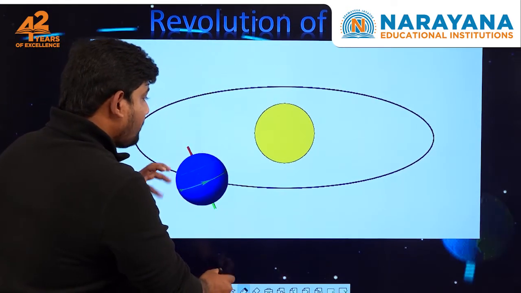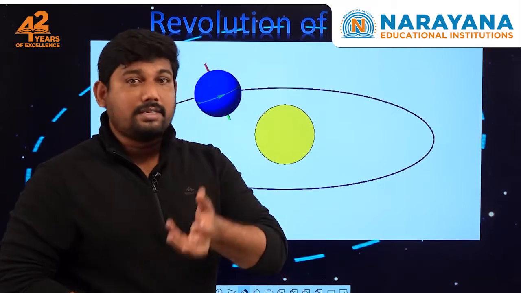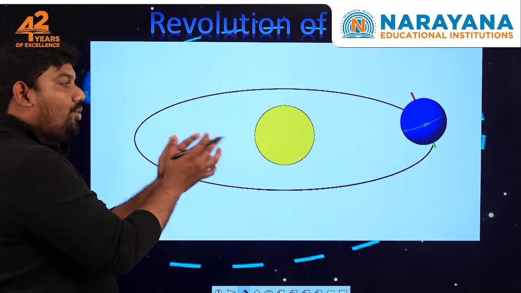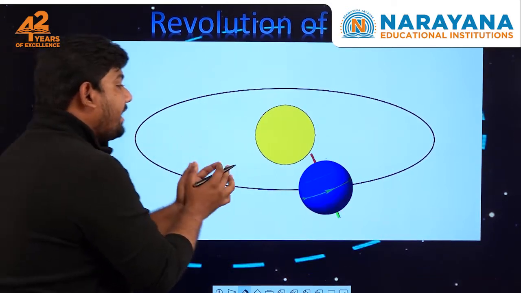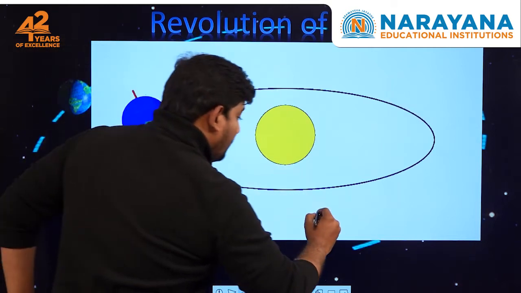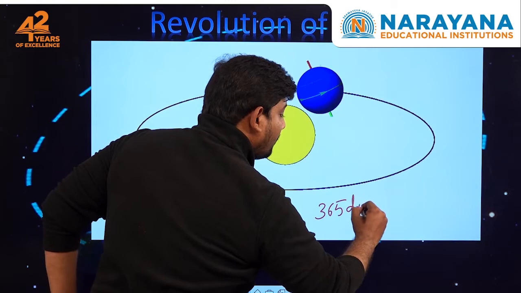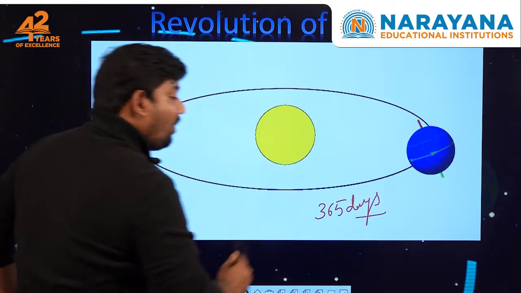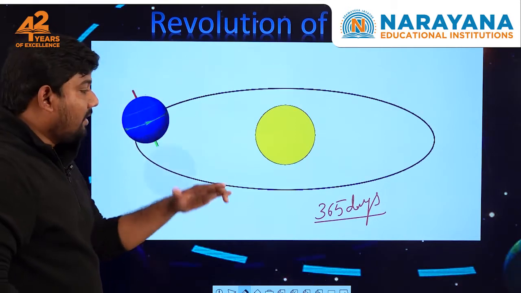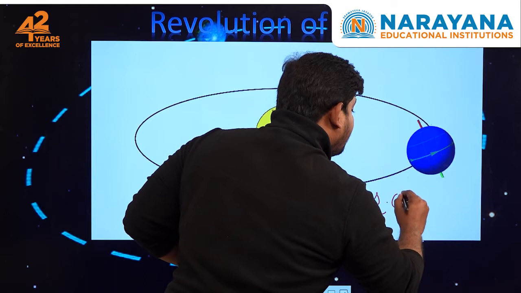As we know, rotation takes 24 hours and causes days and nights. In a similar way, one complete revolution takes around 365 days. But do you know, to complete one revolution it actually takes 365 days and 6 hours.